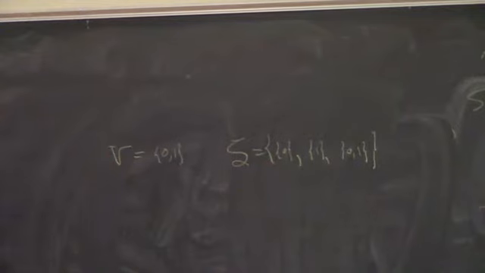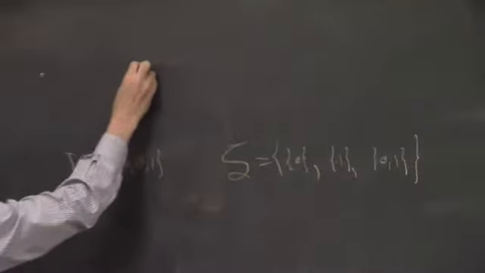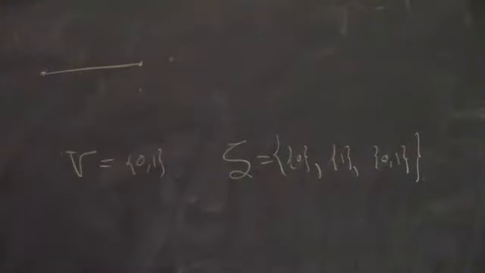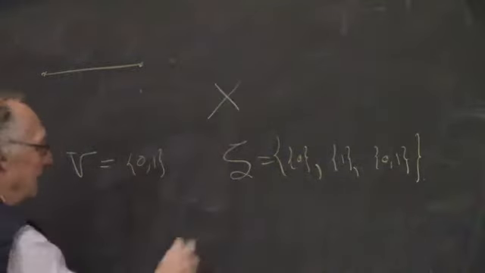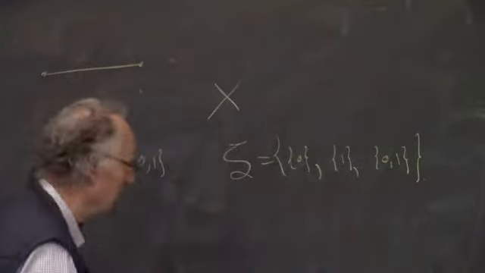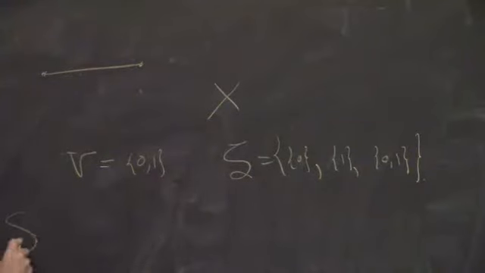Those are the simplices of my interval. There's 3 of them. All right, so that's X. And the order is the obvious order.